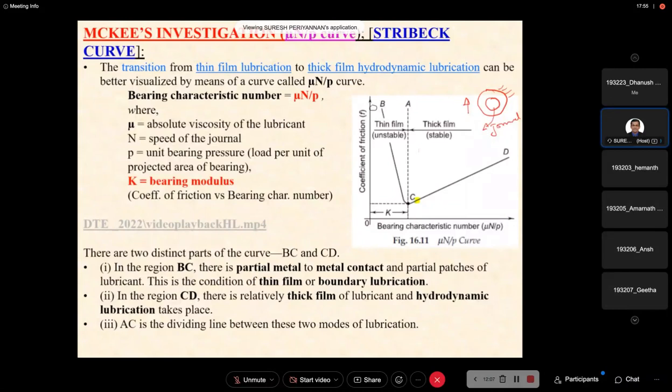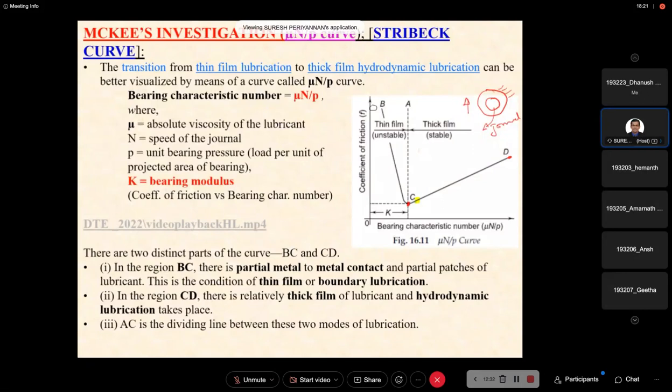When the rotation happens, it slowly moves to the center of the bearing. Then this is unstable. This is not a mechanical equilibrium. Once thick film lubrication happens, the journal will have stable rotation without oscillation. That's what we are saying.